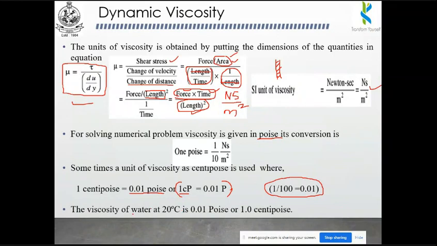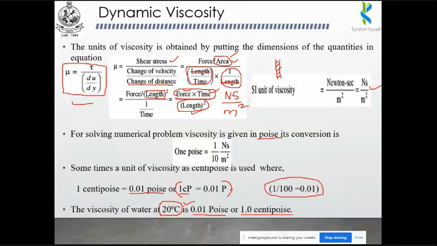Okay, so the basic viscosity value of water is 0.01 poise, or else it is 1 centipoise, particularly at the temperature of 20 degrees Celsius. Because I already told you that if the temperature increases, the value of viscosity will decrease. So the viscosity of water at 20 degrees Celsius is 0.01 poise, or else 1 centipoise.